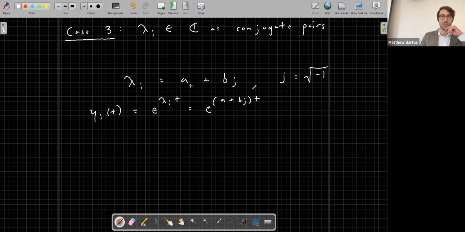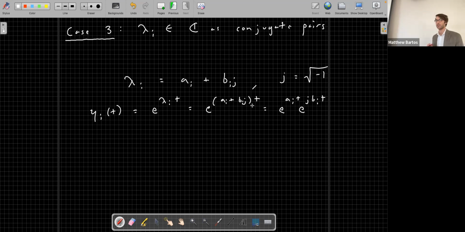Let me write this as a_i, b_i. And this we can separate out due to the properties of exponentiation. We can write this out as e to the a_i times e to the, I'll just write it as j b_i t. Okay, so these are both multiplied by t.